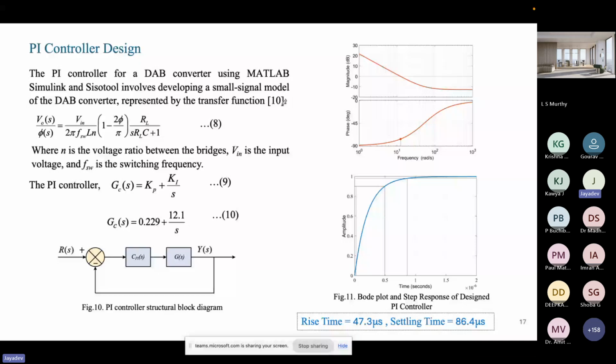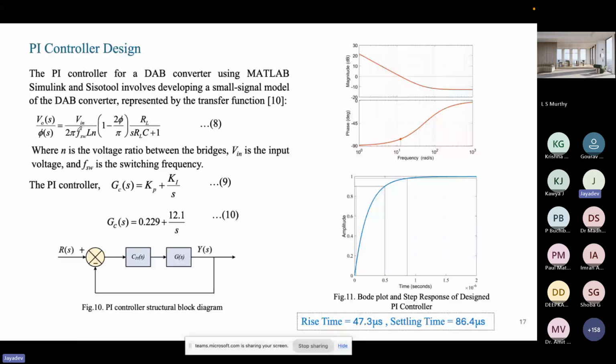Once the converter is built, your components are fixed, then the transfer function is also fixed. For voltage control, we are using this transfer function, which gives the voltage with respect to the phase shift. By using the MATLAB SISO tool, we have designed the PI controller to stabilize the voltage.